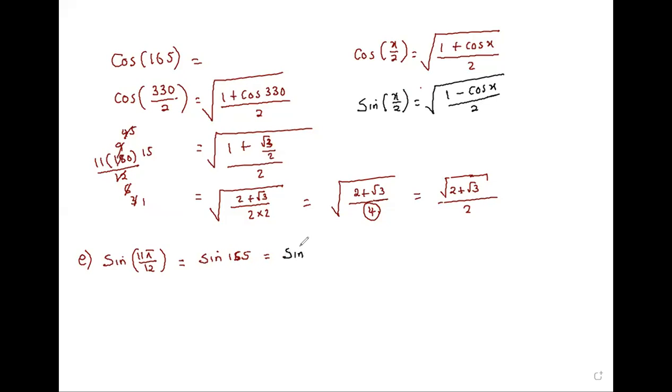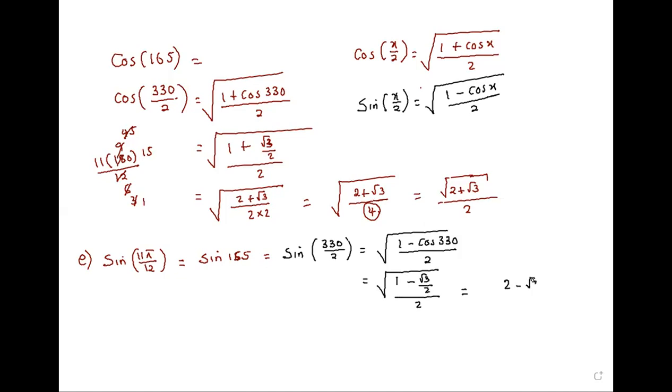So write this as sine 330 over 2, which is equal to the root of 1 minus cos 330 over 2. Now I've already found cos 330 will be root 3 over 2. So now the only thing which has made the difference is the minus here. So I get 2 minus root 3 over 2.